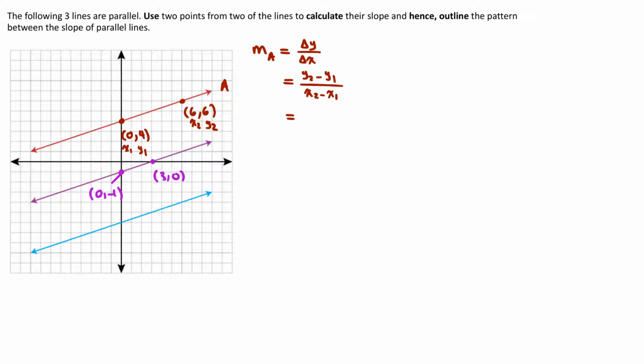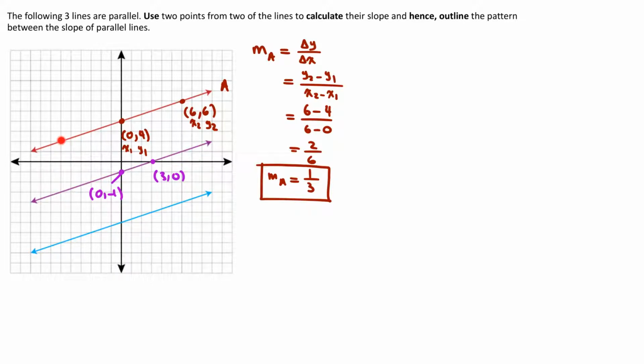So y2 is 6, y1 is 4, x2 is 6, and x1 is 0. So I get 2 over 6, which is simplified to 1 over 3 as my slope of line A. Now, it doesn't really matter which point you use, you should get the same slope value here.